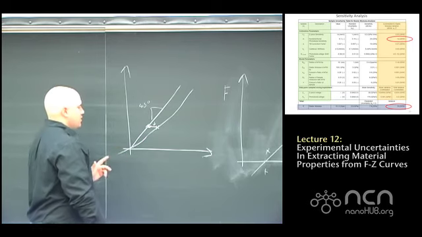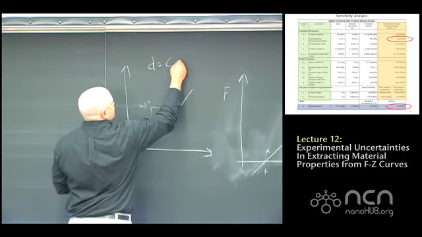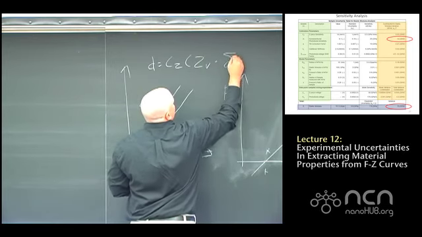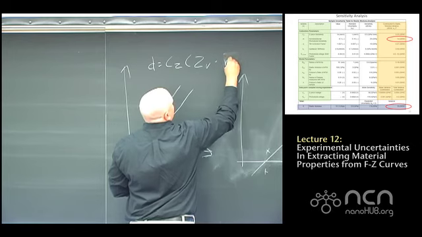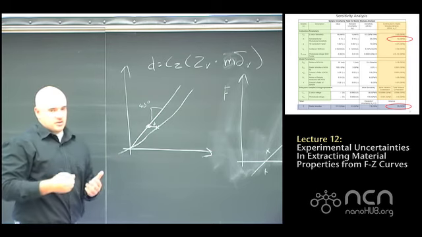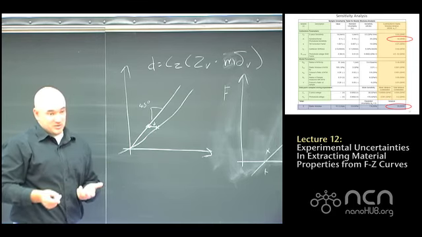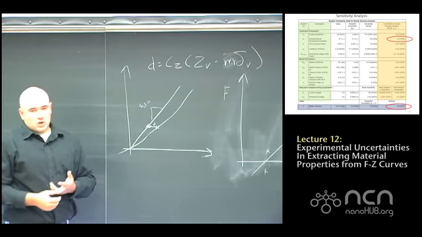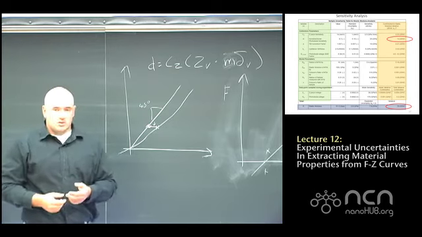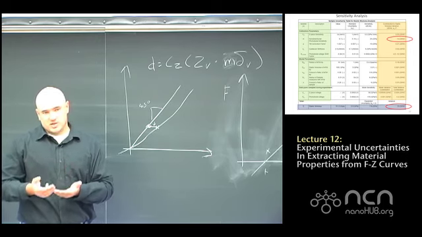And then the equation for D, in terms of calibration, was D equals C times Z_V minus delta V. Our cantilever deflection in nanometers is a relatively large number compared to D. Our Z piezo displacement in nanometers is a relatively large number compared to D. We essentially subtract those two, and we get a small number. So we have two large numbers subtracted to get a small number.